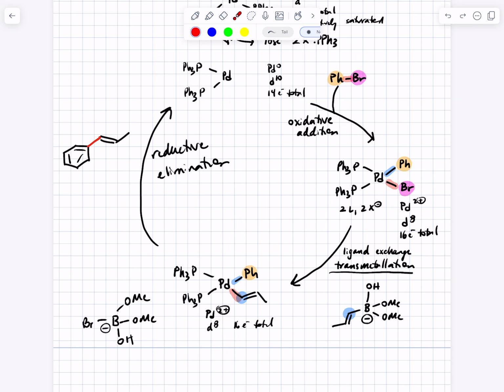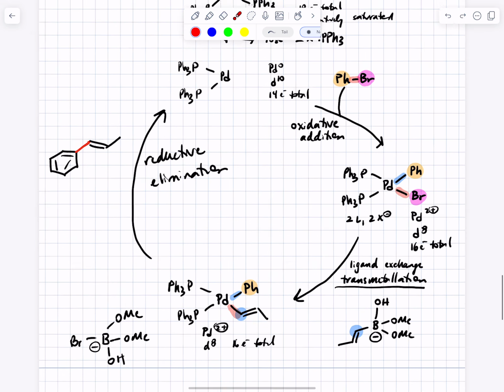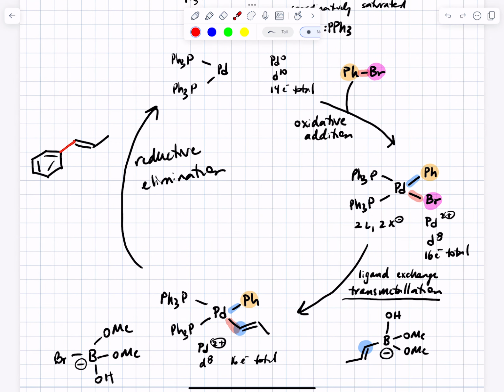Other questions? Yeah. And it's oxidative because we're increasing the number of heteroatom bonds? So why is it oxidative? In organic chemistry, we think about oxidation as increasing carbon heteroatom bonds or decreasing the number of carbon-hydrogen bonds. Here, we're falling back to the initial, earlier, simpler definition of oxidation, which is loss of electrons.